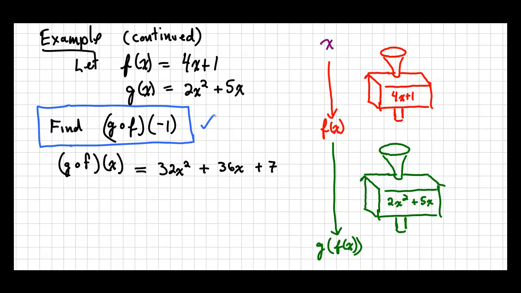I want to do it first using that little diagram where we have these little function machines, and so you can see what happens over here and compare it with what happens on the left. The value should come out the same both ways that we do it. So let's get started. We're composing g composed with f and evaluating at -1.